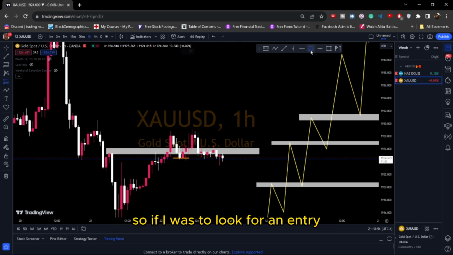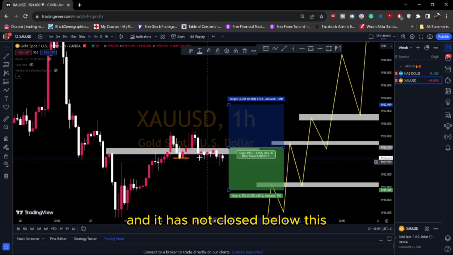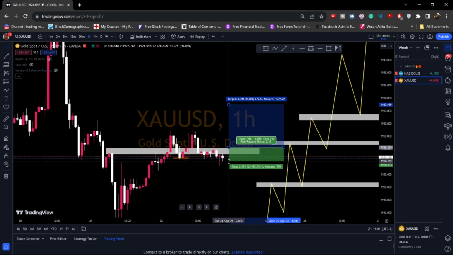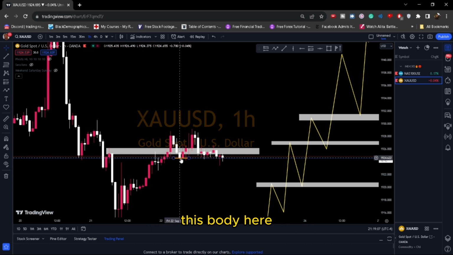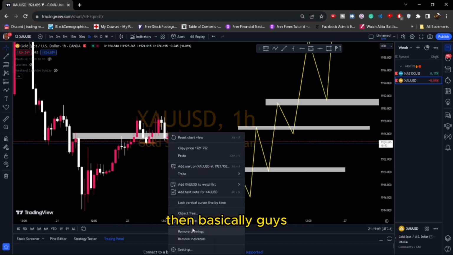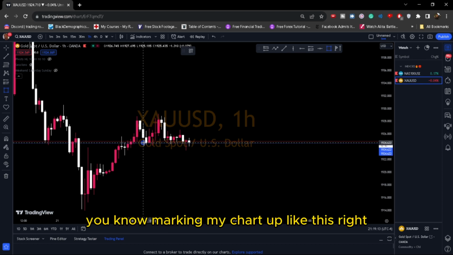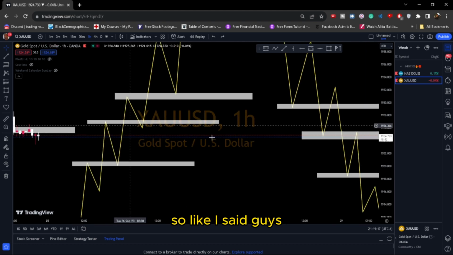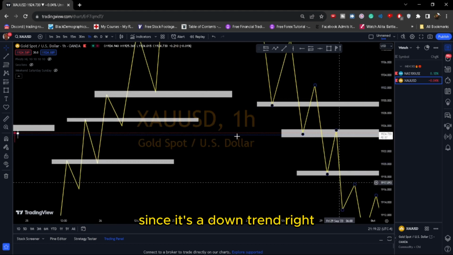So if I was to look for an entry, I would wait till New York session. If price is above this and it has not closed below this, then I'll be looking for buys. But let's say price does close below this body here, then basically guys, all I'm doing is just marking my charts up like this, right? Like I said guys, I'll mark up my charts like this since it's a downtrend.